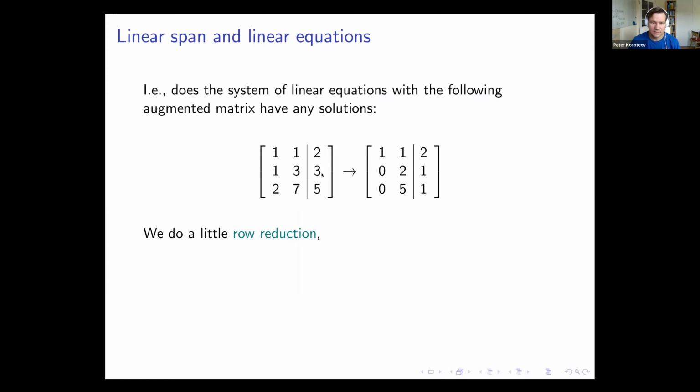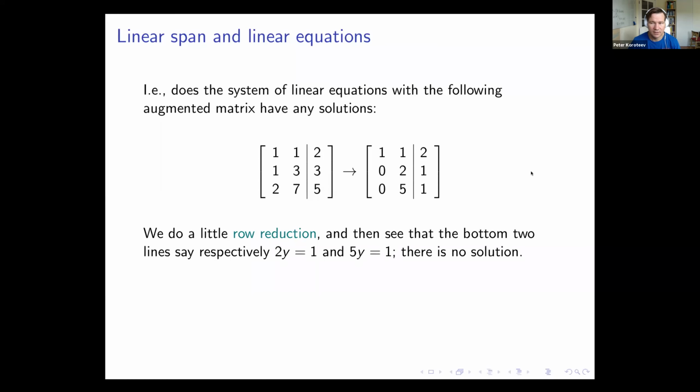In the first step, we get rid of entries in the second and third columns. And then we see that the bottom two lines say that 2y is equal to 1, and then 5y is equal to 1. That's what these equations tell you. Those two equations are obviously inconsistent, so there is no solution. So the answer is negative. This vector is not in the span of vectors (1, 1, 2) and (1, 3, 7).